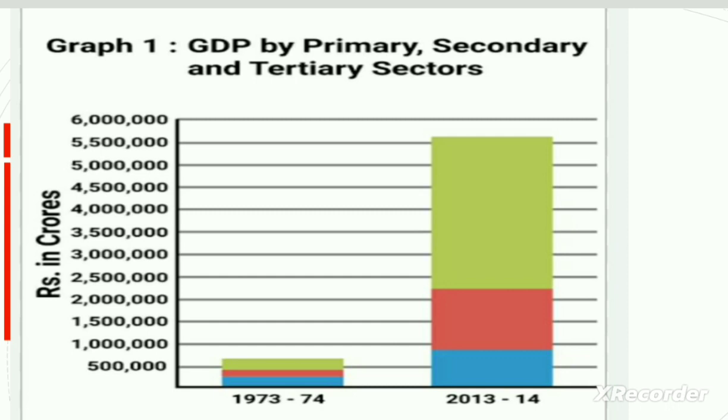So disguised unemployment and seasonal unemployment are the two types of unemployment that are mostly visible in Indian agriculture, and it is because of that the Indian economy is even till today at the stage of a developing economy. In order to increase economic development, in order to increase the gross domestic product of a country, it is very important that more and more people are employed in the tertiary sector. Then only the economy can grow.